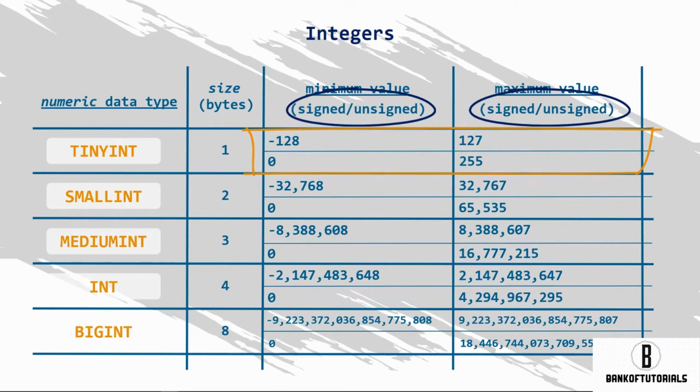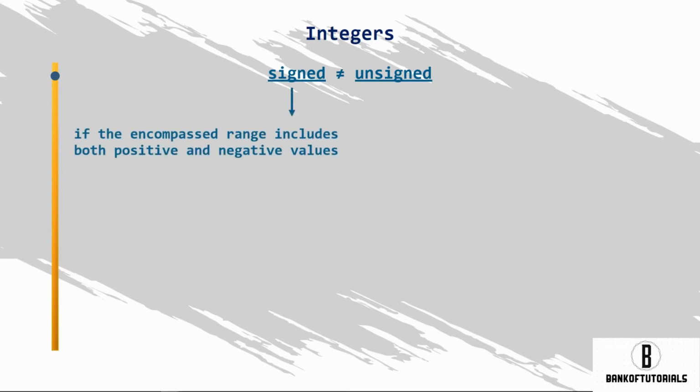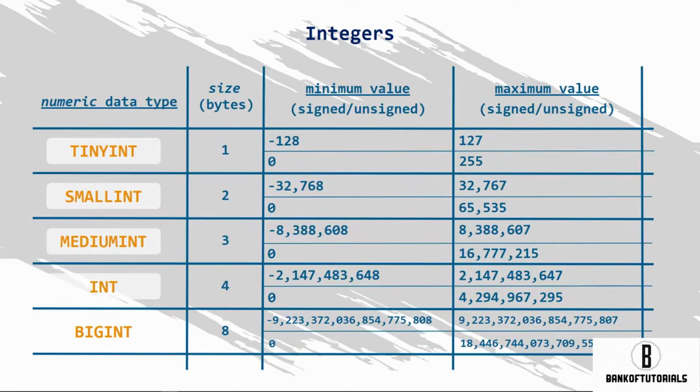To understand why each subtype has 2 ways of representation, we must explain the difference between signed and unsigned values. This is more intuitive than you might think. If the encompassed range includes both positive and negative values, the latter, of course, being signed with a minus, we are in the signed form of representation. In other words, in the tinyInt case, signed refers to the range between -128 and 127, both included.